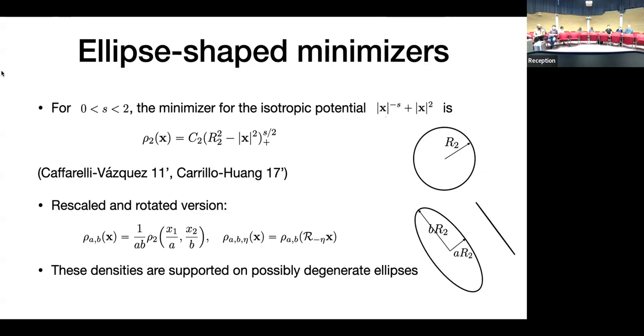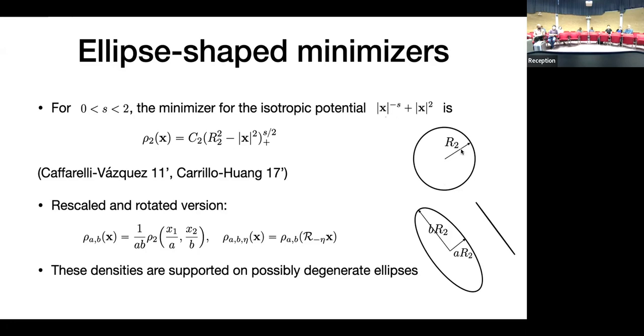So for the case of the isotropic interaction energy, it was known that the unique energy minimizer has this very explicit formula, which is supported on some ball of radius, I call it R2, which depends on the singularity index s.